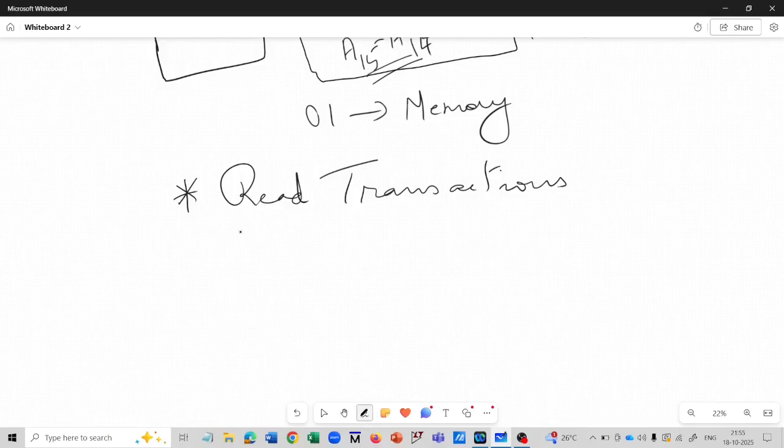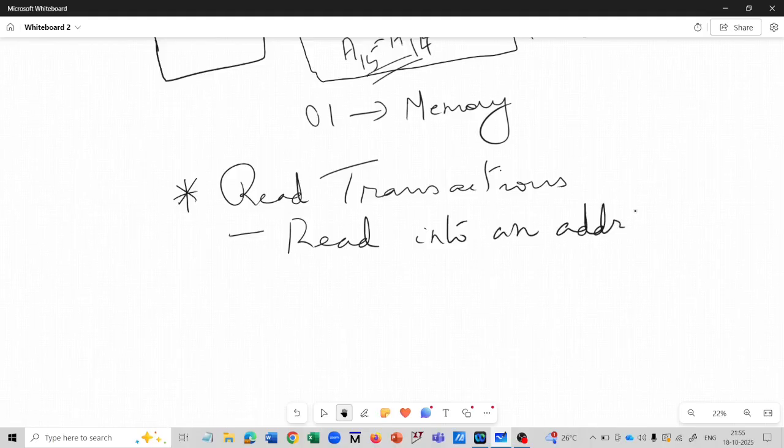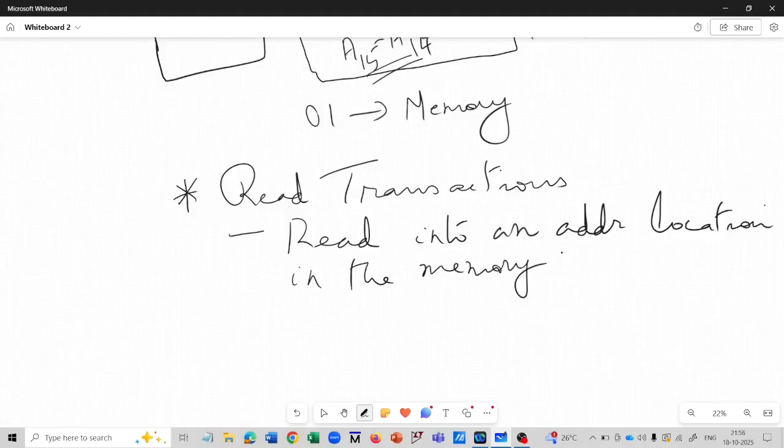So the first transaction will be a read into an address location in the memory system, which we just now discussed.